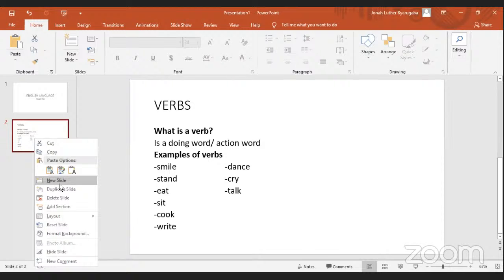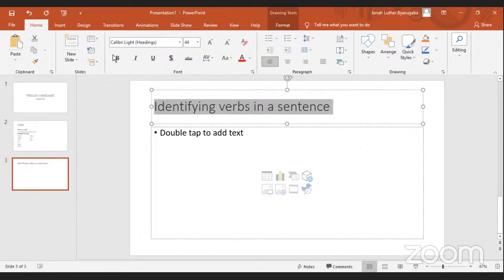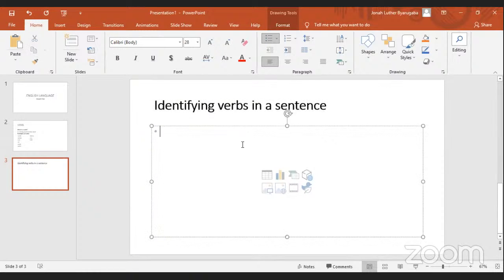Let me get a new slide here. Identifying verbs in a sentence. We are going to identify verbs in sentences. I want you to consider the following sentence.